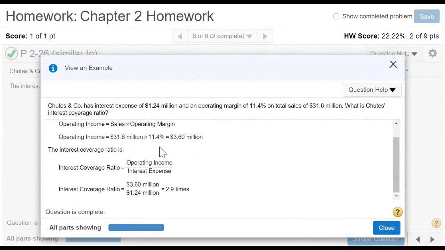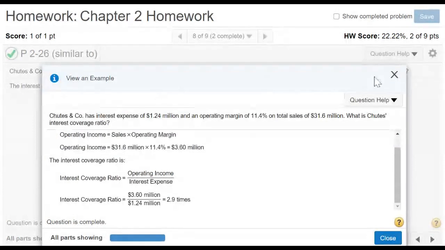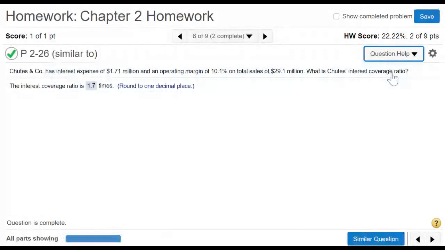But here, they're assuming that you know that you have to move this decimal place 2 places. So this becomes 0.101 times 29.1, and then you divide that by the interest expense, and you come out to 1.7.